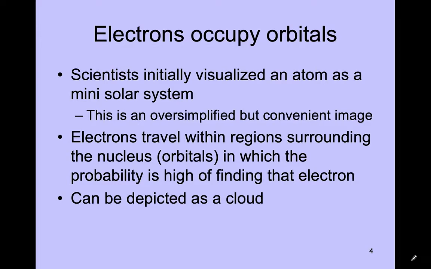Electrons travel not just within an orbit, but in a cloud-like structure. An orbital is defined as an area in which an electron may be found. It's more accurately depicted as a cloud as opposed to an actual orbit or pathway.